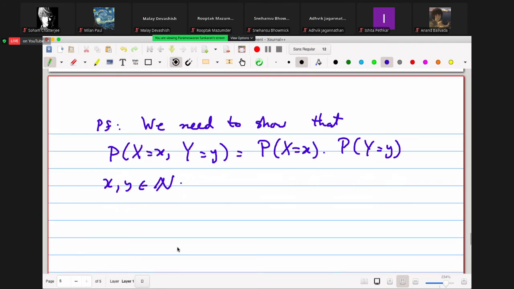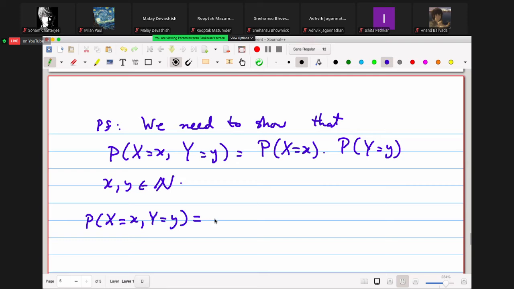Okay, so let us just count this. There's nothing much to do. So you need to compute the probability that X equals x, Y equals y.